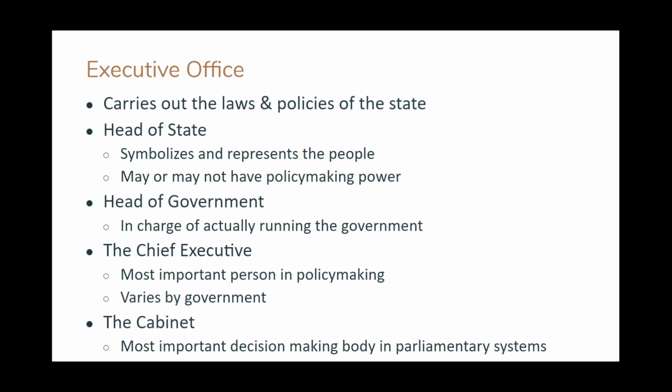They are the person in charge of running the government to some extent, and they also symbolize and represent the United States to the rest of the world, and they have widespread powers over foreign policy. In some countries these powers are actually split between two people, but in the United States the head of state and the head of government are combined into the presidential position.